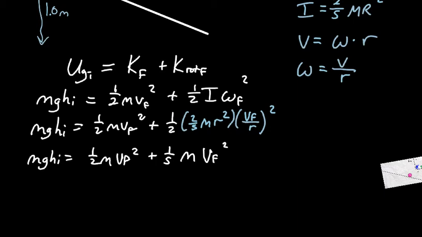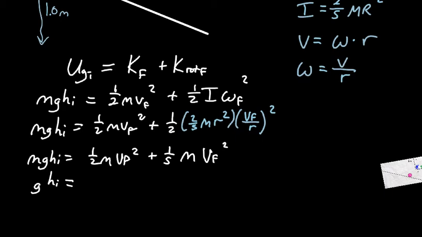Now I see 1/2 m vf squared and 1/5 m vf squared. Those are common terms, I can combine those. While I'm at it, I see that every term has an m in it, so let's divide every term by m. And so we get g hi, so I've divided out the m, is equal to, I want to add 1/2 vf squared and 1/5 vf squared, so we better find a common denominator here.